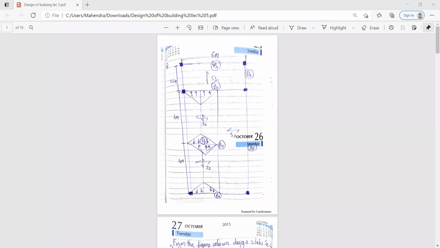Do you want to solve now or should I explain? You will solve it later. Okay, we'll explain you, then you can solve the problem later. Okay.